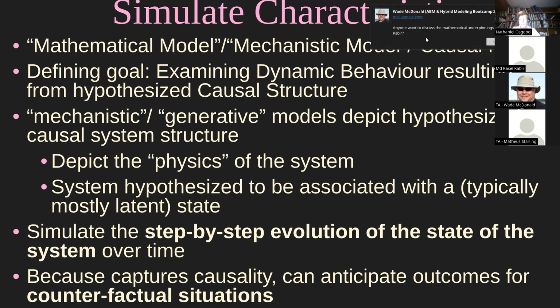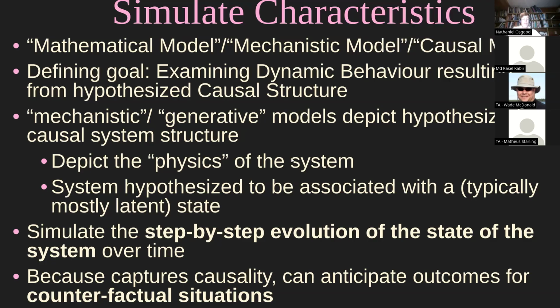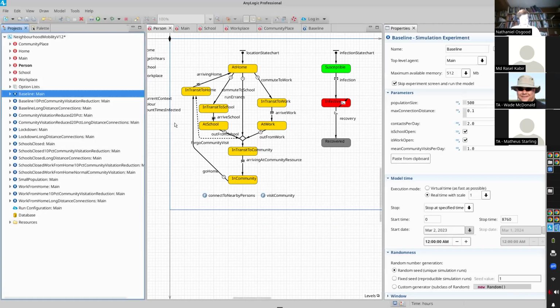Now, what these models do is simulate the step-by-step evolution of the state of the system over time, according to these posited rules. So here, these are posited causal relationships.